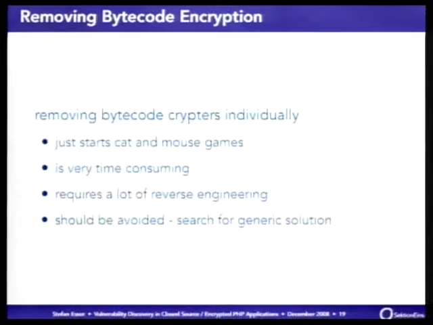When I started working on the PHP bytecode encryptors, I was lazy, and I didn't want to do it individually for every crypto. I worked on runtime encryptions during the days of DOS and early Windows cryptors, so I knew that every time you crack a crypto, you start a cat and mouse game.